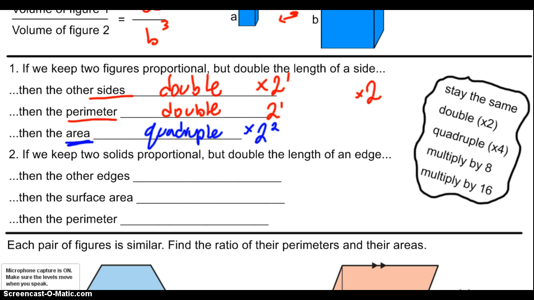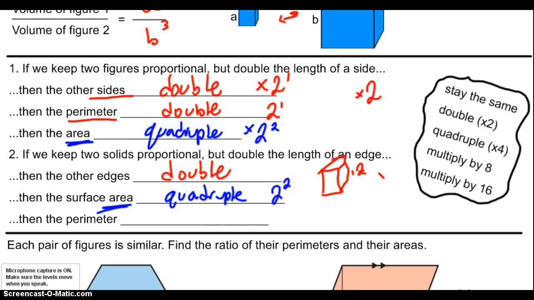If we keep two solids proportional, but double the length of an edge, okay, so we've got now a solid, and we're doubling the length of an edge, multiplying it by 2, all the edges will also double. Again, they're still lengths. However, the surface area will quadruple. It's an area. It'll go up by 2 squared.